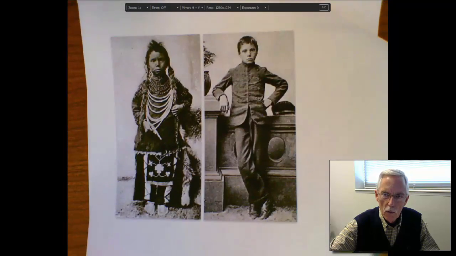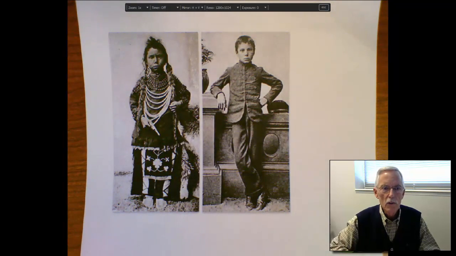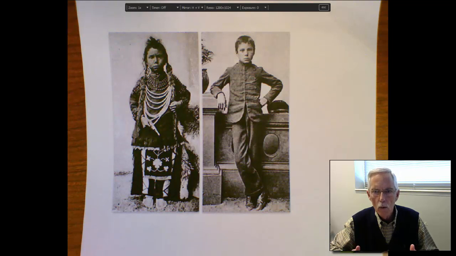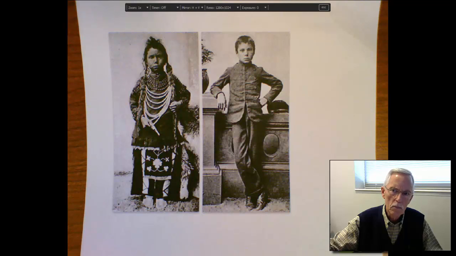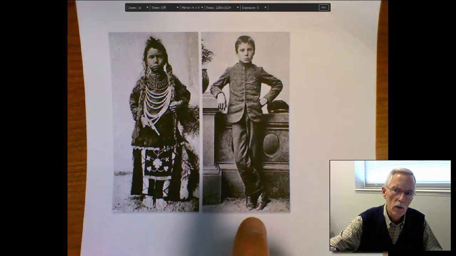This is a photograph of one such Native American young man. I have no idea what his native name was, but sometime thereafter he became Thomas More.